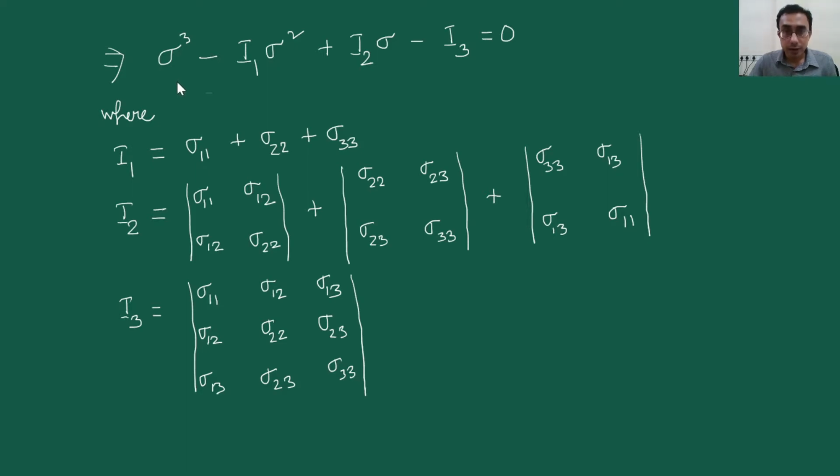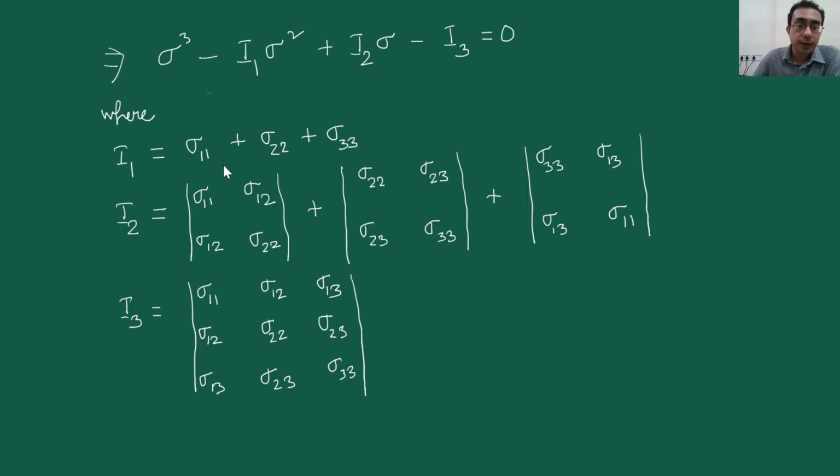Now, if you take different axes, that is just a reference choice for you. That physical truth cannot change, and that is why the values of I1, I2 and I3 cannot change. So even though these individual values may change, the way that they are combined is not going to change.